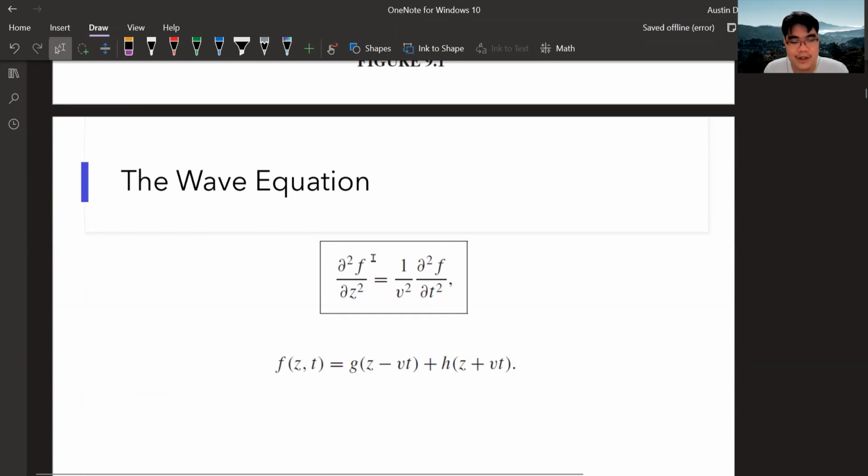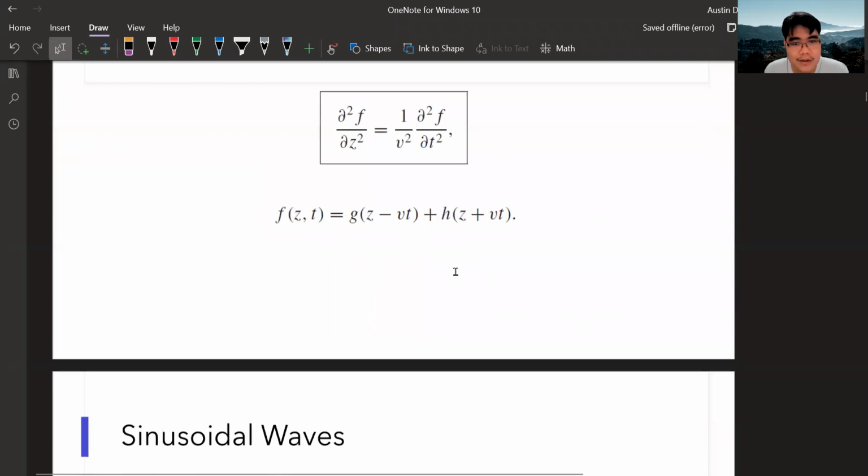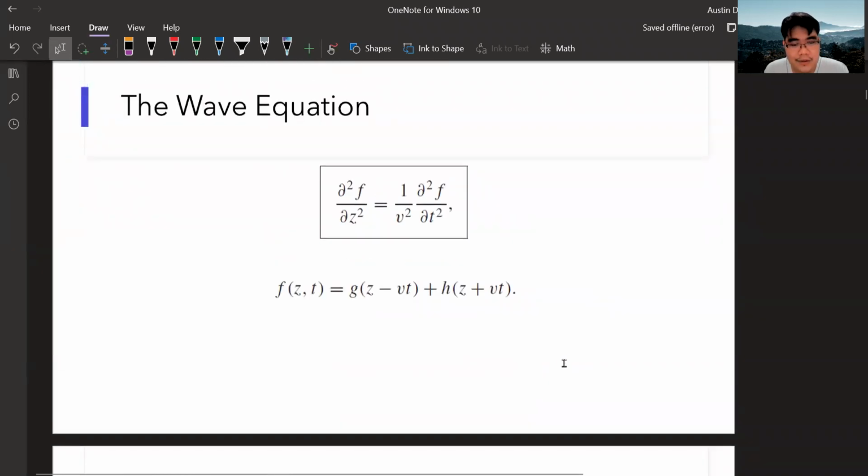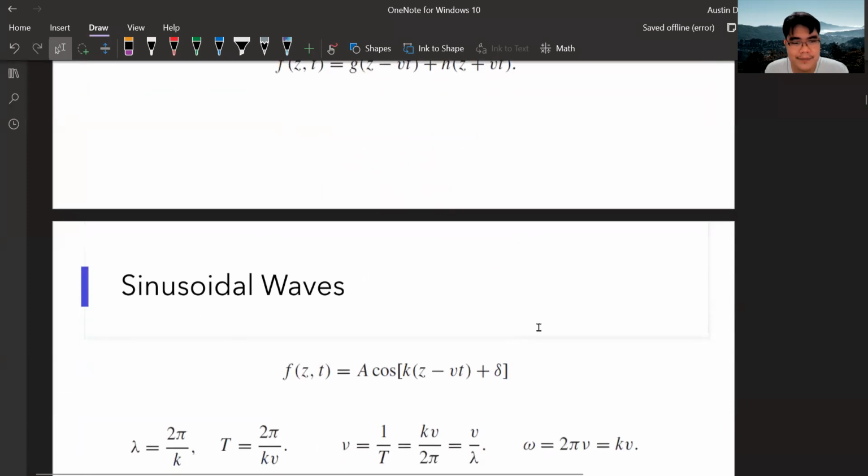Kung ano man solution na mahanap mo kay f, dito sa wave equation na to, then that is a wave. Now you can generalize those waves into two terms, once in the right and once in the left. Papakita natin yan mamaya kung bakit ba yun yung mga ano natin.